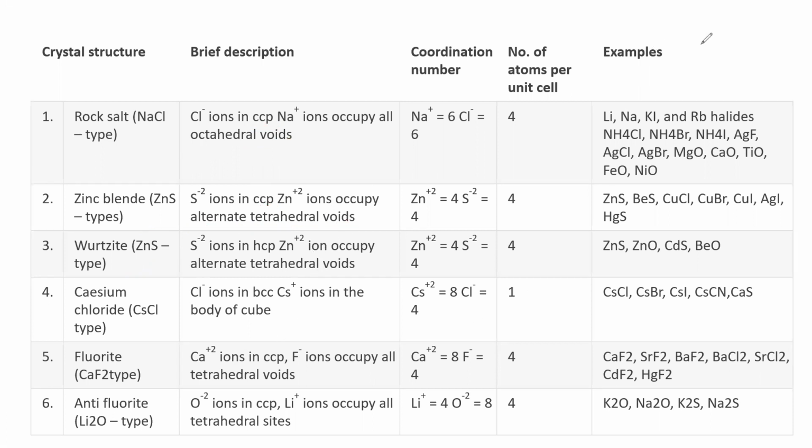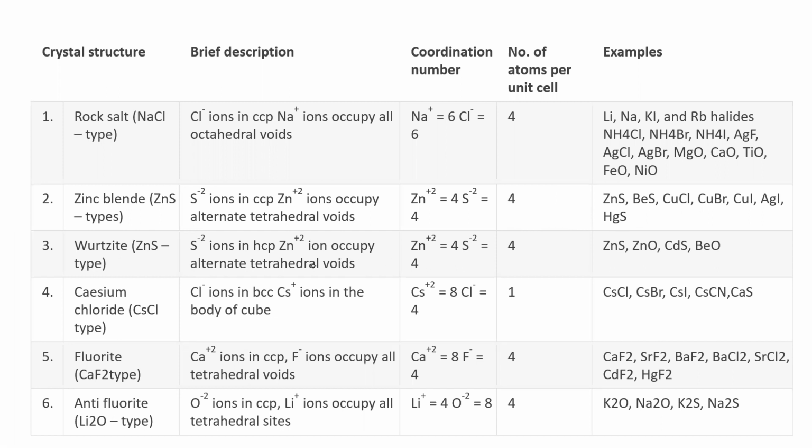That's why this table is very, very important from the exam point of view. The coordination number of zinc is 4 and of sulfide ion is also 4. The number of atoms per unit cell is 4, and the atoms ratio is 1:1 in case of the first one, the second one and the third one also. Next, examples: zinc sulfide, beryllium sulfide, copper chloride, copper bromide, copper iodide, silver iodide, mercury sulfide.